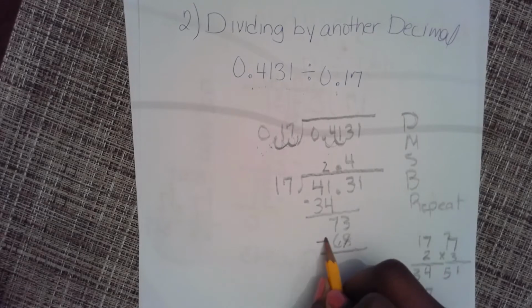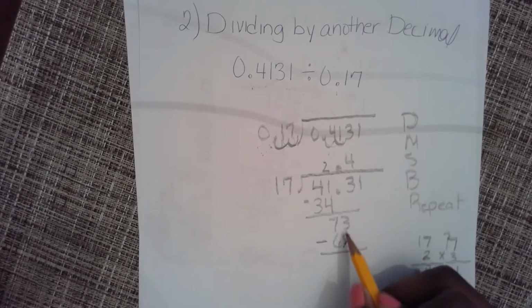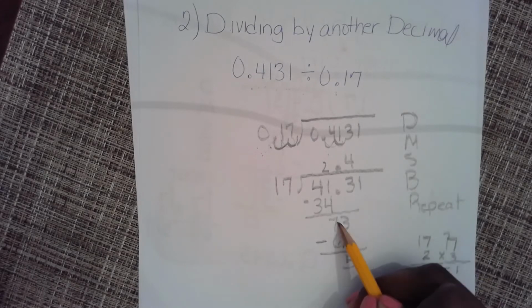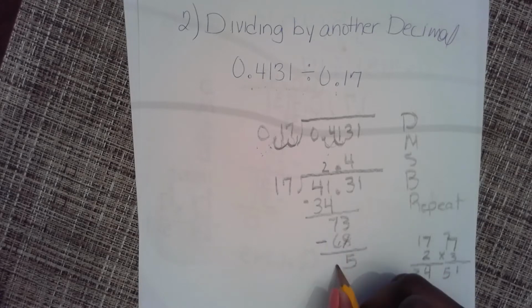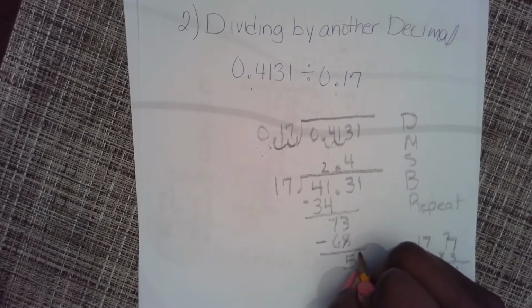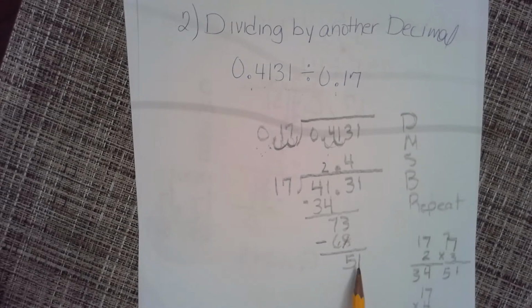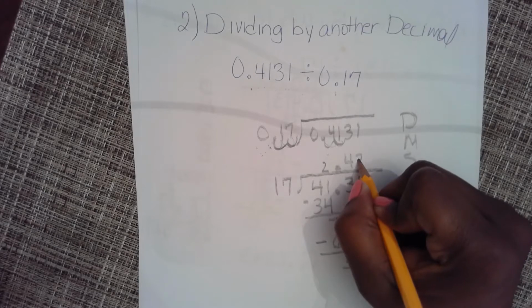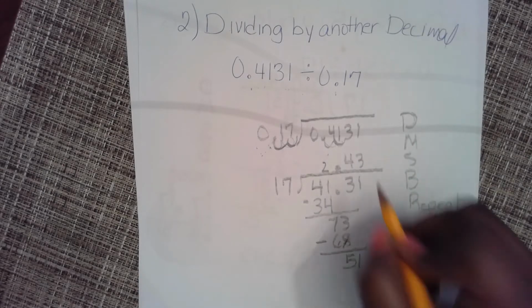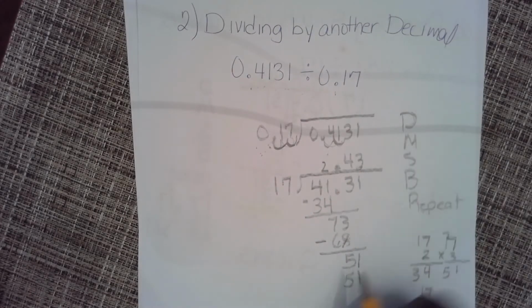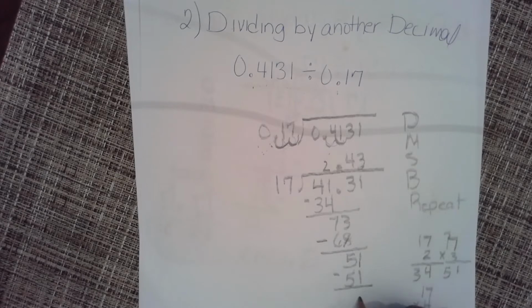My pencil's not writing so great, I need to sharpen it. 73 minus 68 is carry the 1. 13 minus 8 is 5. With regrouping, 7 becomes 6. So 6 minus 6 is 0. Now I'm at the bring down stage where I'm bringing down my 1. So now I have 51 divided by 17. Well, I see right here that is 3. So I place my 3 above the 1 that I brought down. Now I multiply. 3 times 17 is 51. Now I subtract. 51 minus 51 is 0.